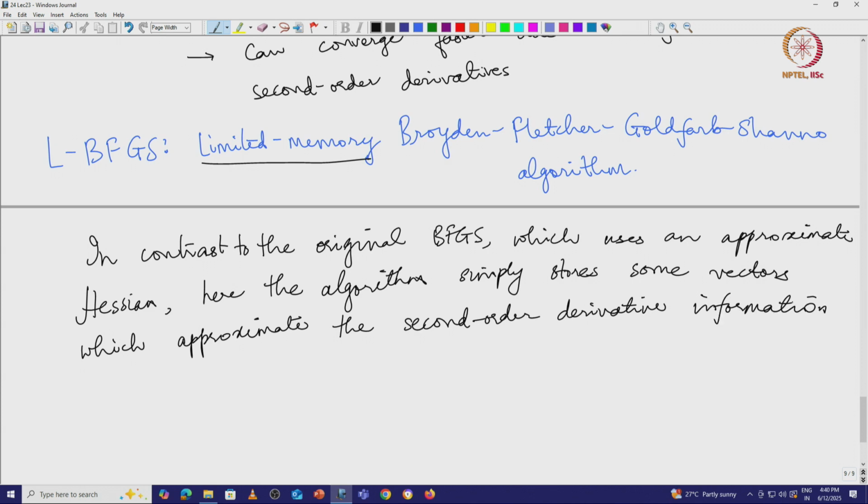And because you do not need to store the entire Hessian, right, although BFGS already uses an approximate Hessian, you do have to store it. So, here you just have to store some vectors instead.